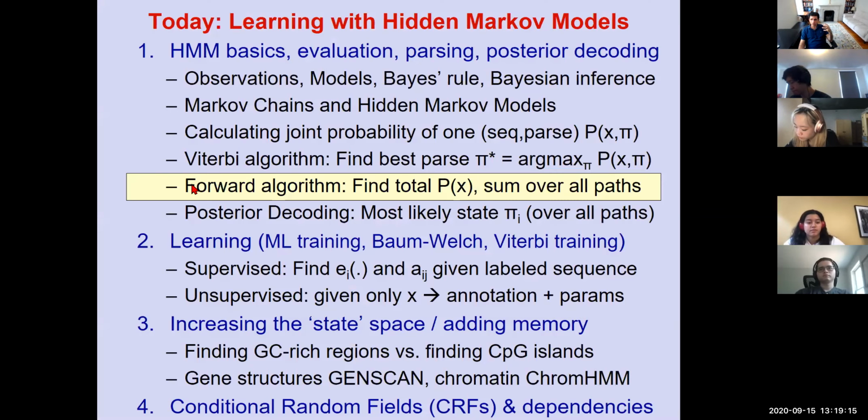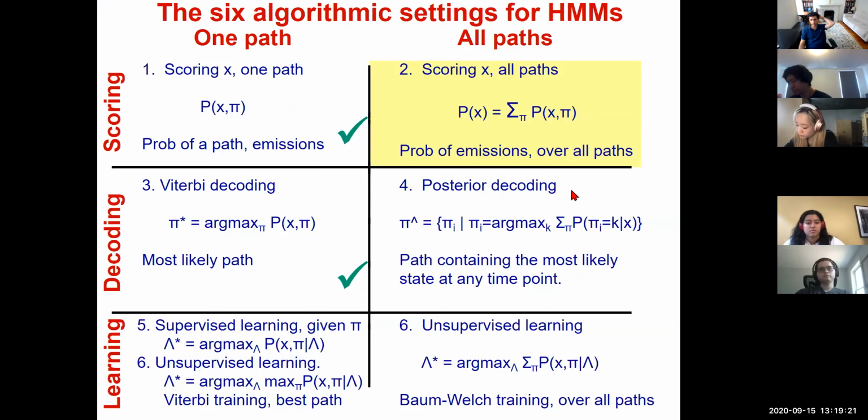And then we also defined the forward algorithm that gave us the total probability summed over all paths. Okay, so now we enter this mysterious second column, and this was again scoring of a given sequence, but now scoring not just over one path, but over all paths.